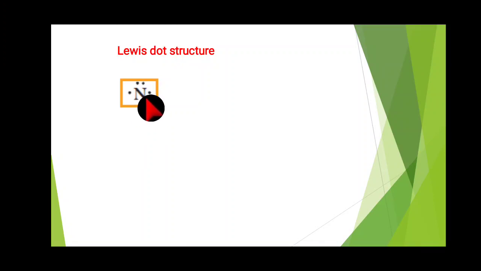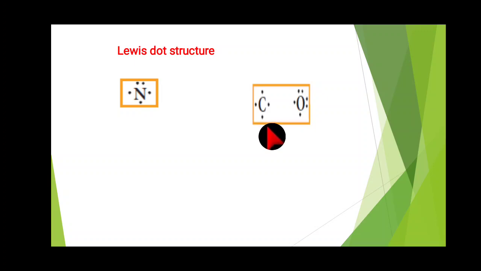So 1, 2, 3, 4 and 5. Likewise carbon, atomic number 6, 1s2 2s2 2p2. So the outermost 2s2 2p2 has 4 electrons. The 4 electrons are valence electrons. By using the valence electrons, we can make a Lewis dot structure.